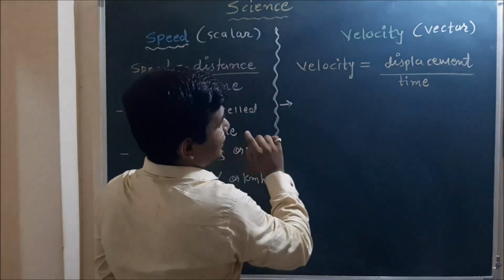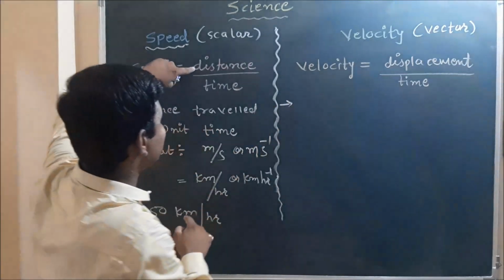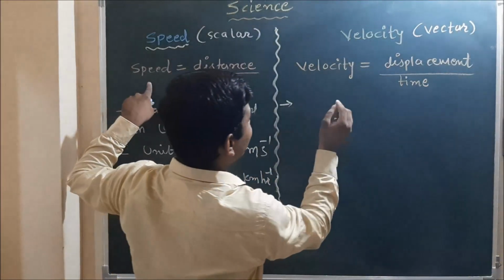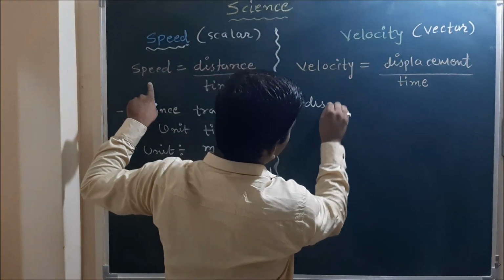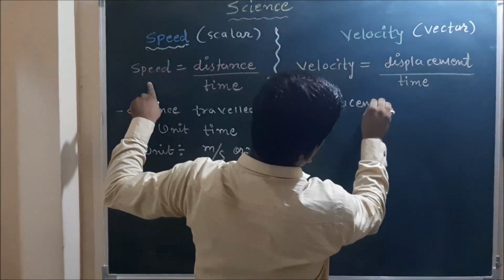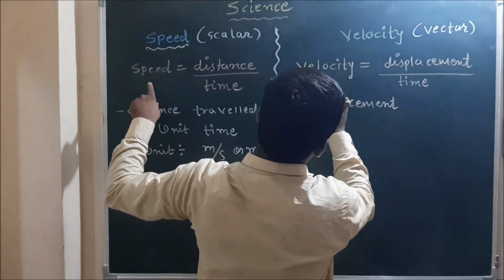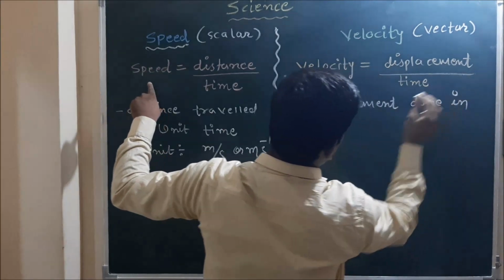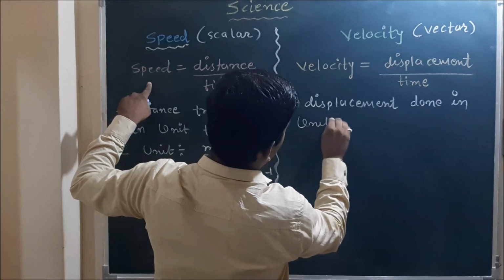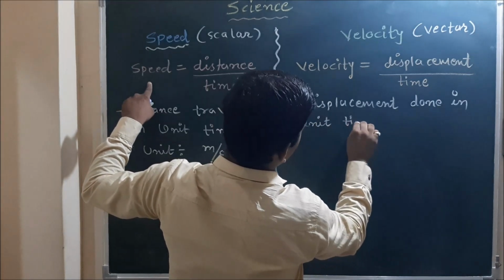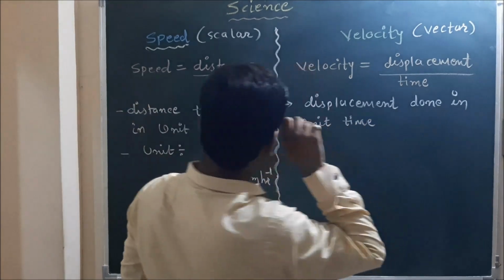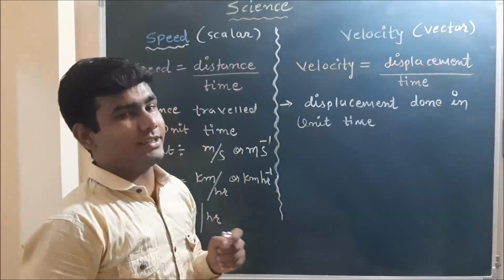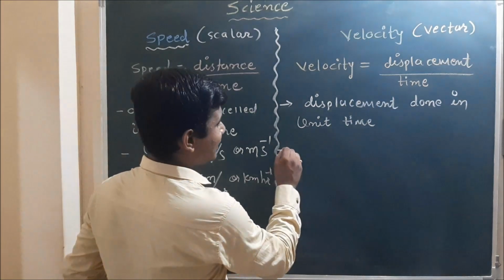How can we define velocity? Here we have seen that distance traveled in unit time was speed. So here we can write like this, the displacement done in unit time, that will be considered as velocity. How can we find its unit?